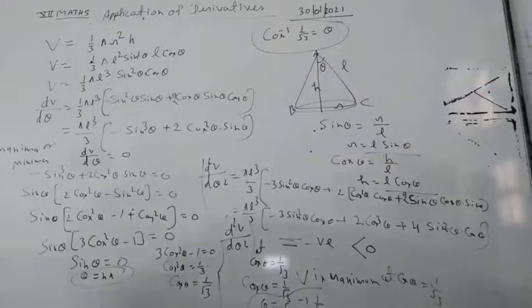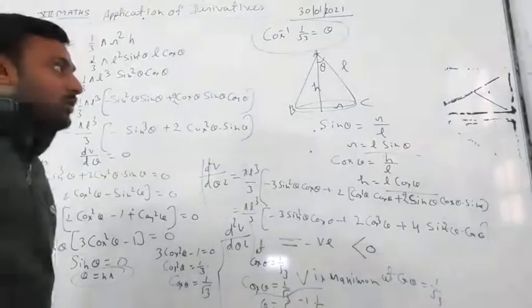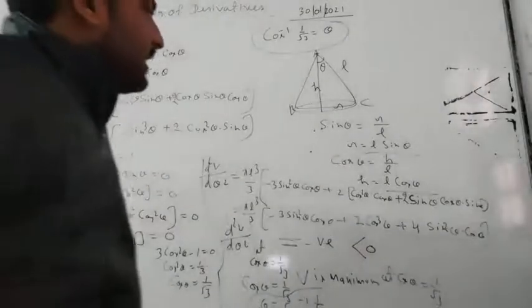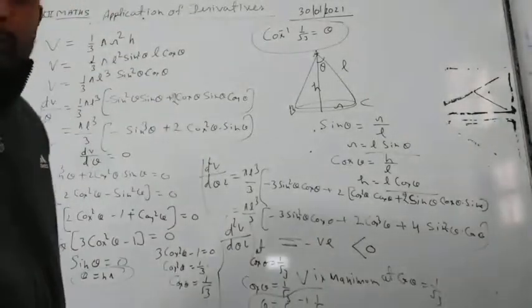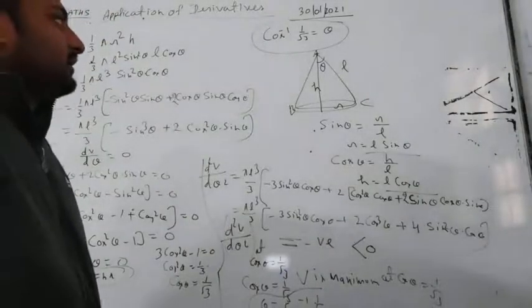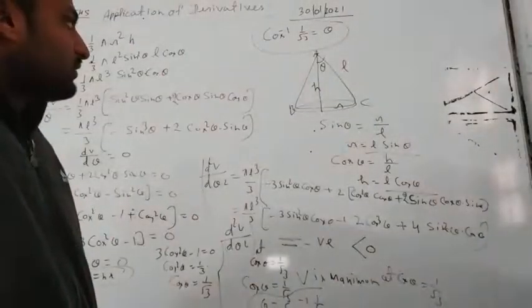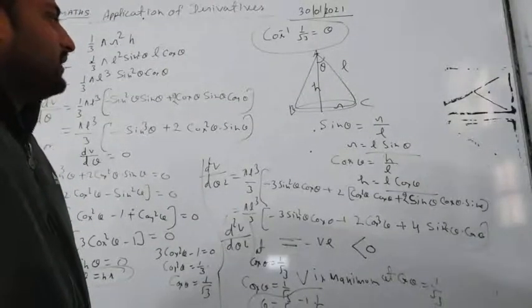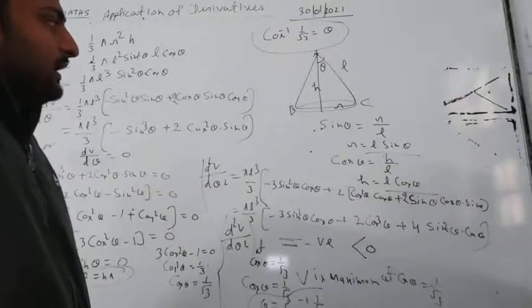So let's see once again what we have done. We have been given a cone whose volume we have to maximize, and prove that the semi-vertical angle theta is cos inverse 1 by root 3. We have made A, B, C and angle theta, and height is h and radius is r.